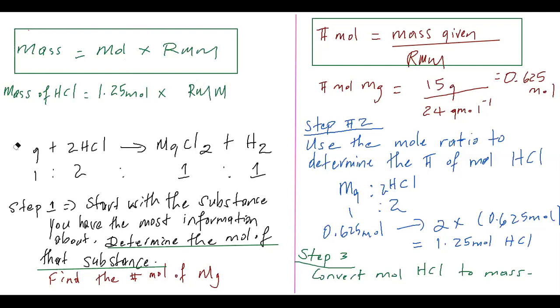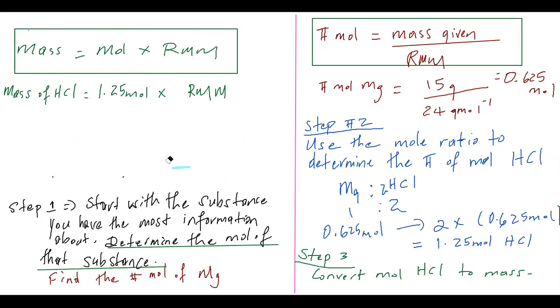So I want you to work out for me what is the RMM of HCl so that I can put it into the equation, please. Let's work out the RMM in a little box to the side. So guys, what would be the RMM of this compound?